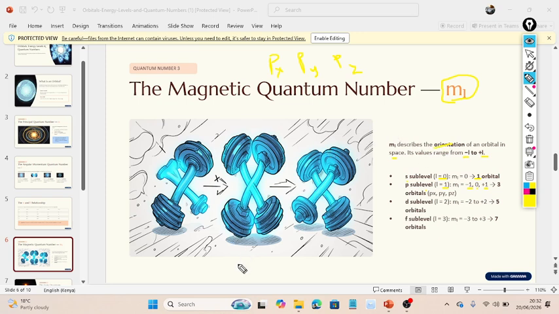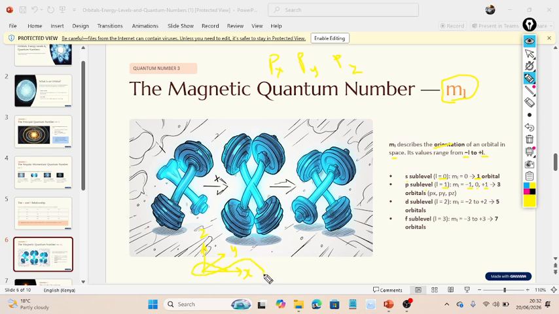So we're going to get a py, for example, if this is the Cartesian plane, and this is z, this is y, and this is x. The p orbitals are dumbbell shaped.